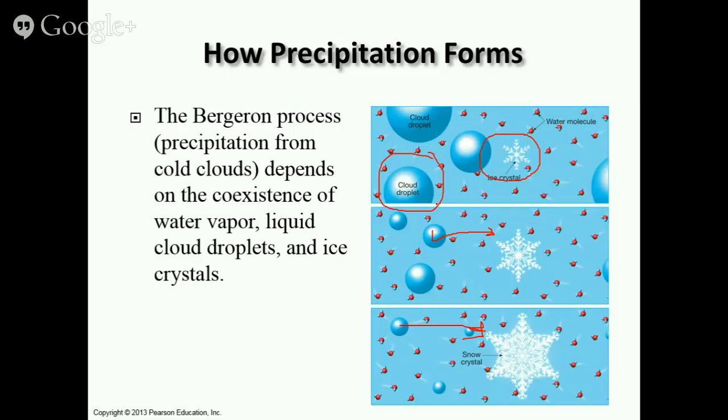So the Bergeron process is quite unique. Some of the other characteristics that make this unique is we can bring language into it, like supercooling or supersaturated. That's because of the unique characteristics that take place in the upper atmosphere. And just keep in mind when we say supersaturated, even though it does sound like it might be over 100%, it is over 100%. It's a minuscule amount over 100%. The cloud is so saturated, it needs an area.